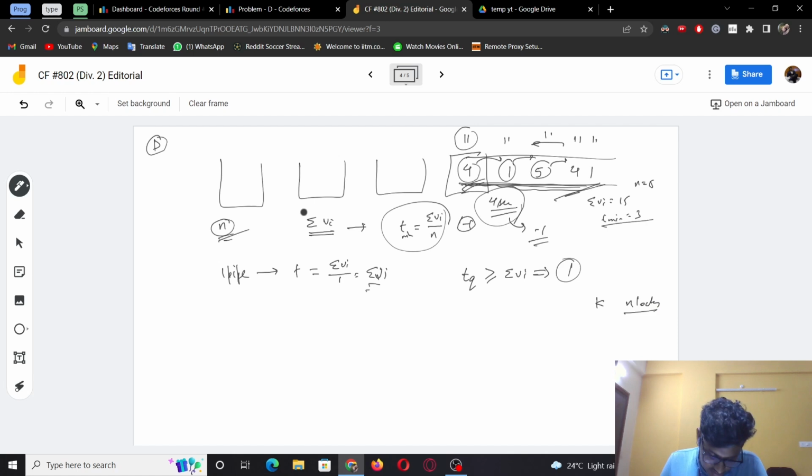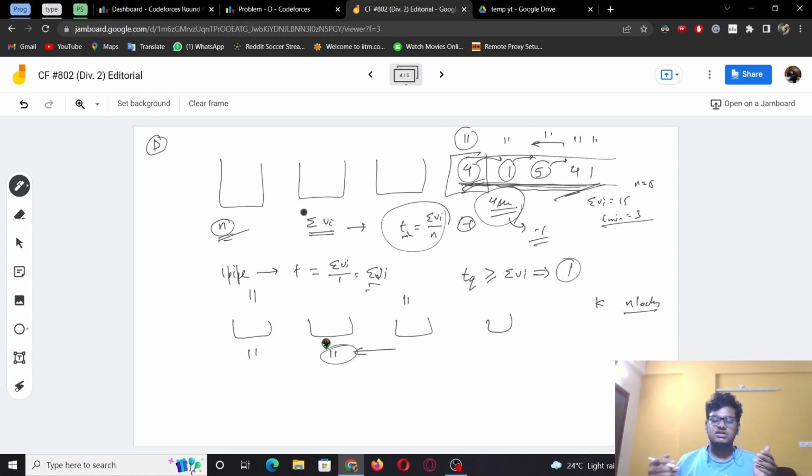One interesting thing that you would notice is, if we have locks like these, opening a pipe here and here, or opening a pipe here and here. It's always better to open the pipe on the left side, because the amount of volume that will flow in is the same, since it's fixed by the number of pipes. If we have k pipes, then k liters per second will flow, and we need to fill sigma vi in all.